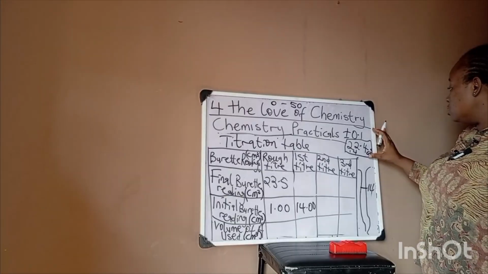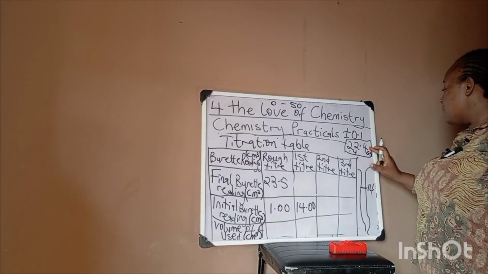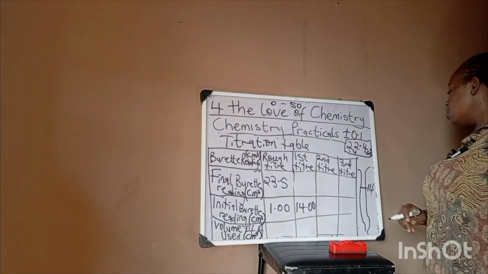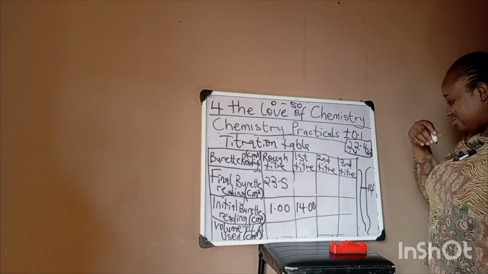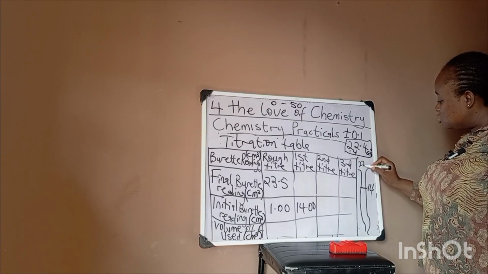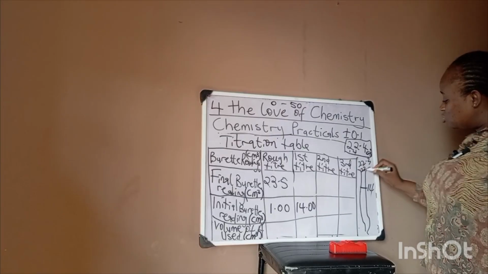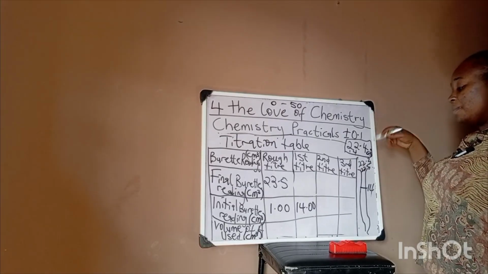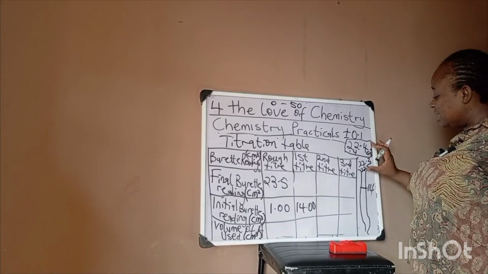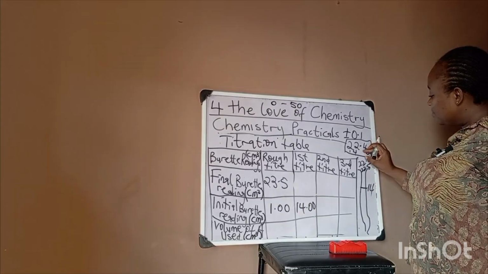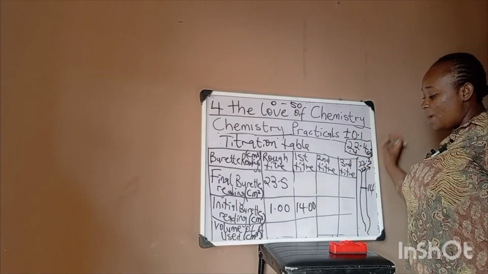No, plus or minus. Sorry, the correct range is 22.3 or 22.5 because it's plus or minus. Oh, sorry about that. So if this is what we are expecting to get, whatever I'm doing, I can either add 0.1 or minus 0.1.